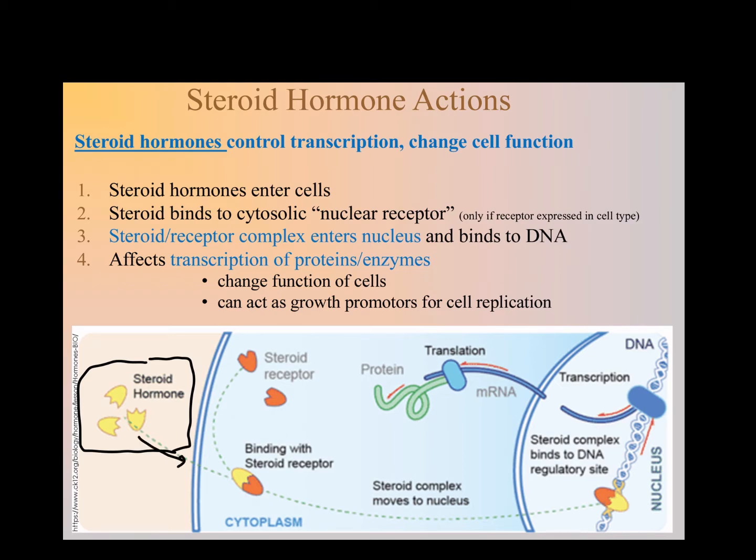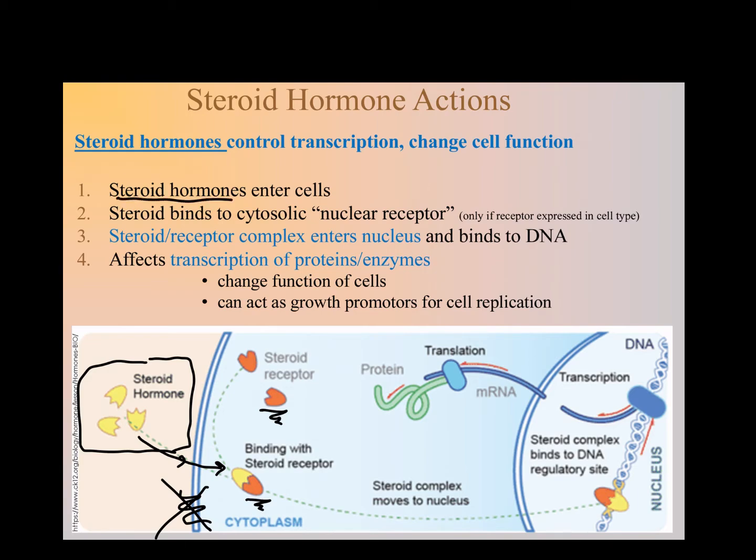They're going to come on, and instead of binding to a receptor on the outside of the cell, they have to enter the cell itself. At that point, in the cytoplasm, there are steroid receptors. And again, only the cells that want to respond to that steroid will have the receptor. So you won't have estrogen receptors in every cell of your body, only the cells that should be responding to it.